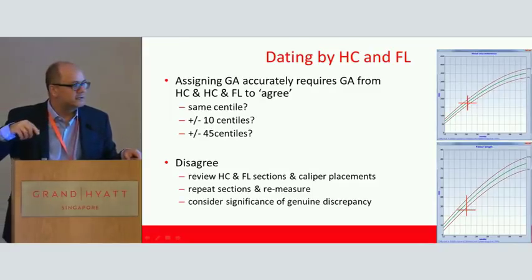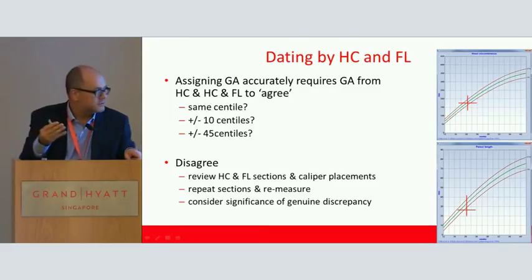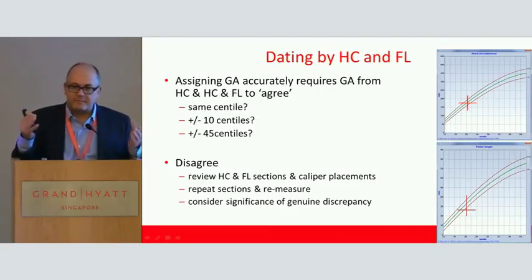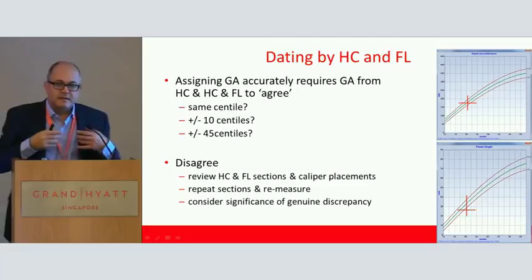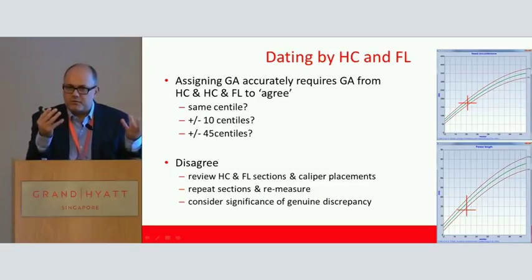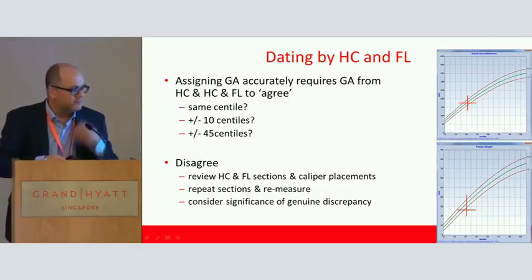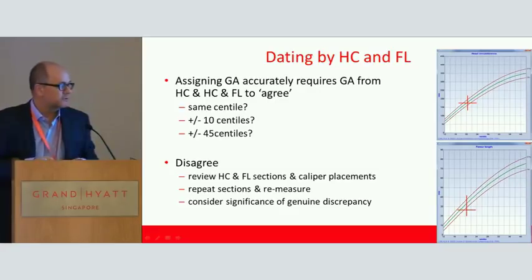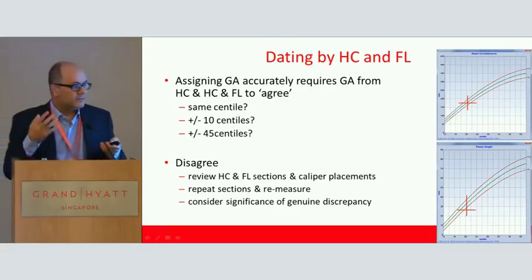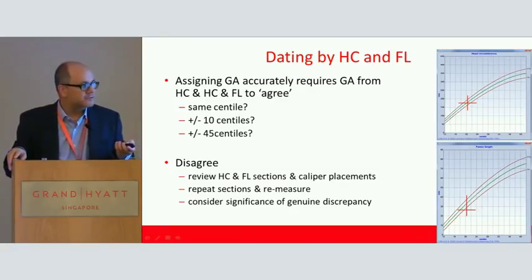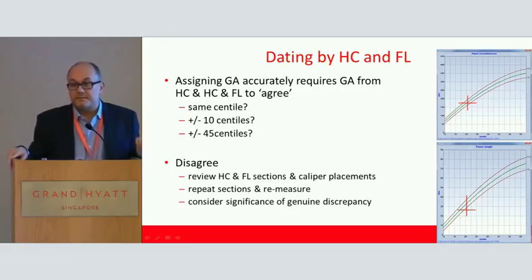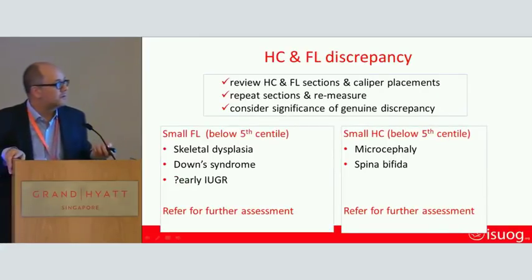But if they disagree, please review your images, make sure that you've got the correct sections, and that the calipers are placed correctly. If you're still not sure, please repeat the cross sections and remeasure them. And if there's a genuine discrepancy, you need to be aware that this may be a problem. There may be a problem with the femur.